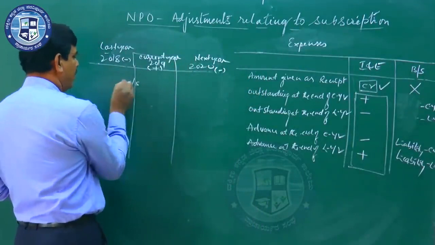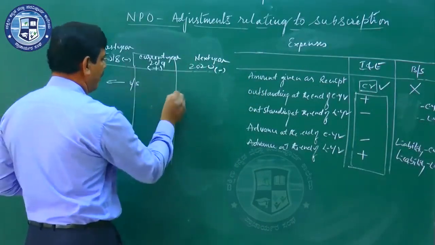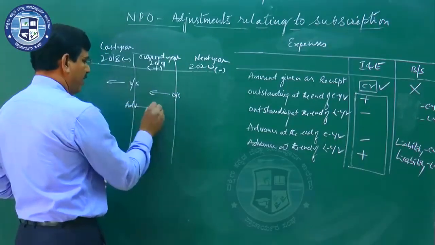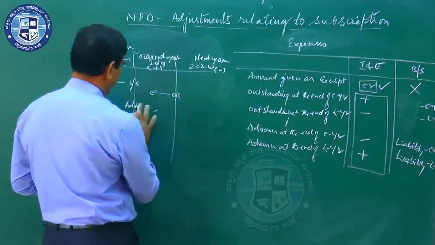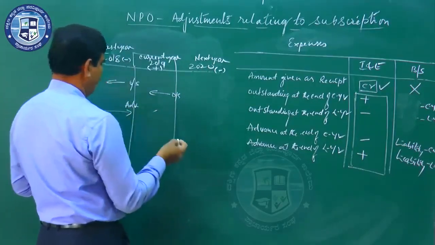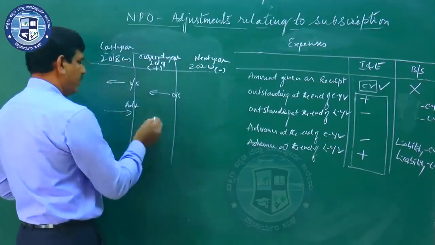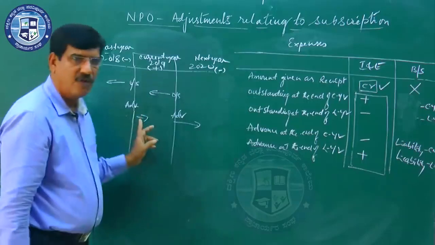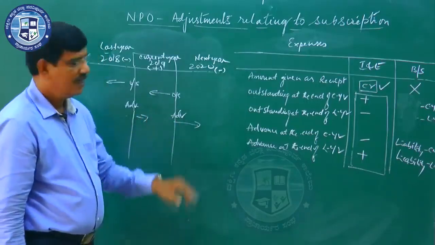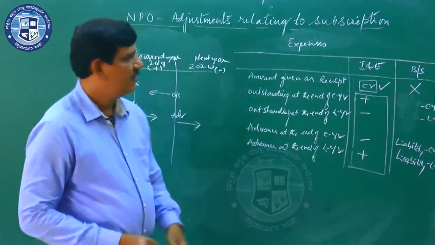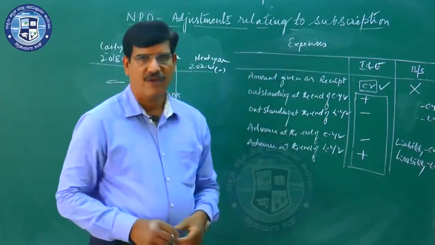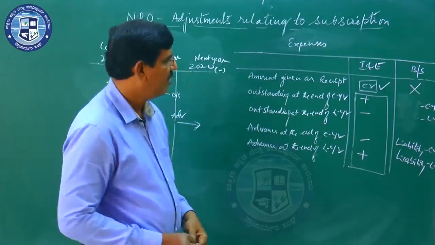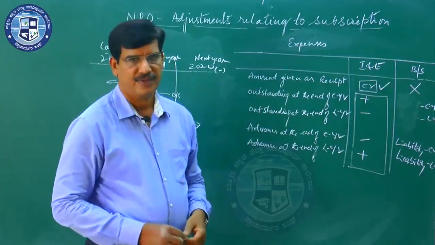See, outstanding of last year, outstanding of current year, advance of current year, advance of last year, and advance at the current year. So we have discussed about the incomes. Now let's see how to treat the expenses in income and expenditure account and the balance sheet.